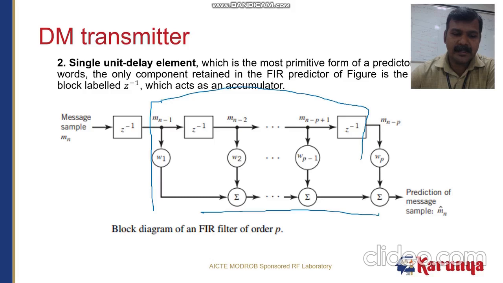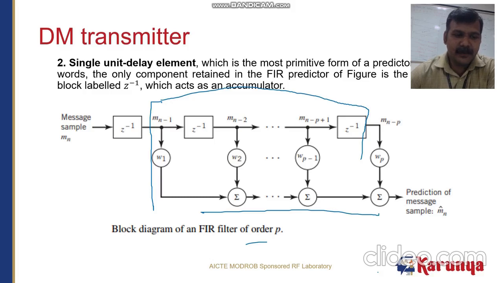You can see you have delay elements, and you have p weight elements, which are used to tune the prediction in a more accurate manner. However, you can see that the single unit delay element is the front end of this FIR filter.